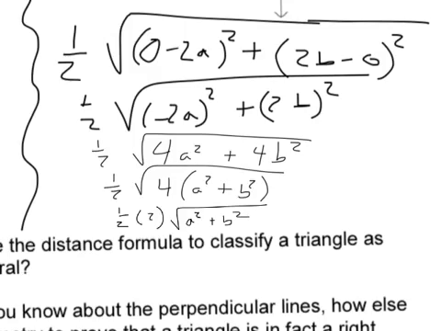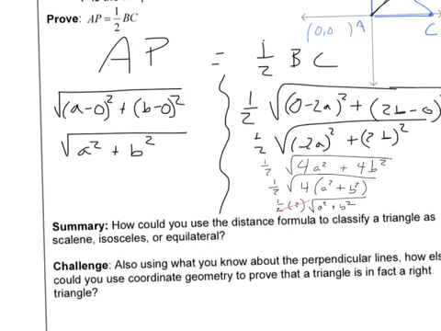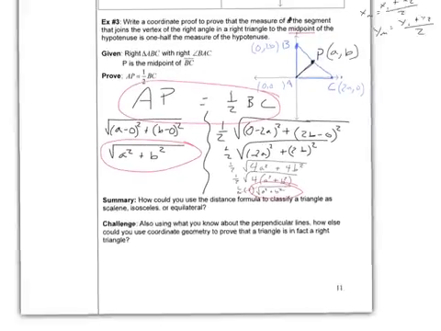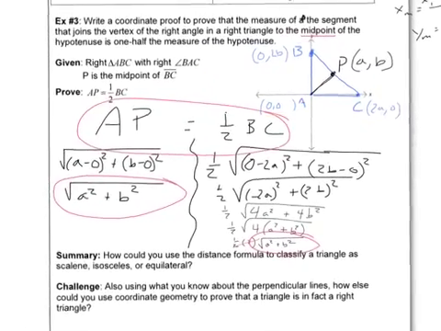And 1/2 times 2 just cancels out to be 1. And so I get that 1/2 of BC is the square root of a squared plus b squared, which is also what AP happens to be. So yes, we can say that AP is equal to 1/2 BC because their distances are the same. And that's how you do a coordinate proof.